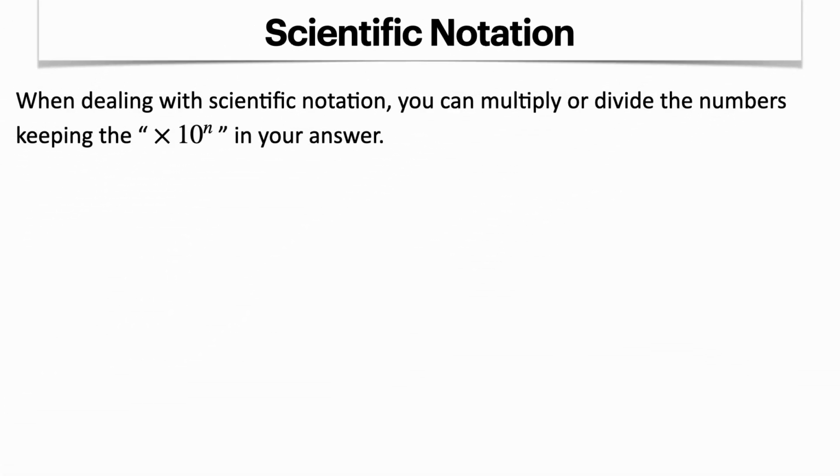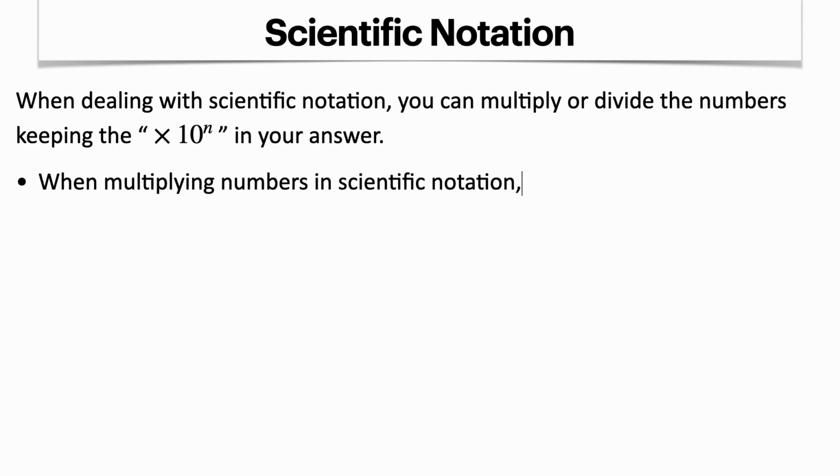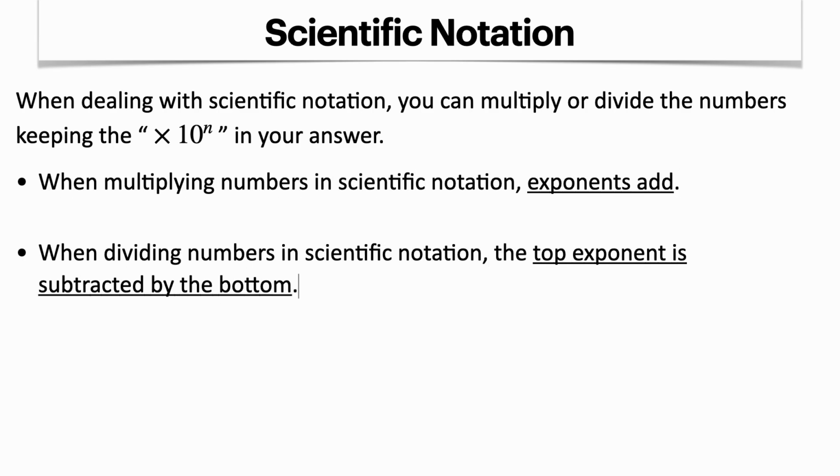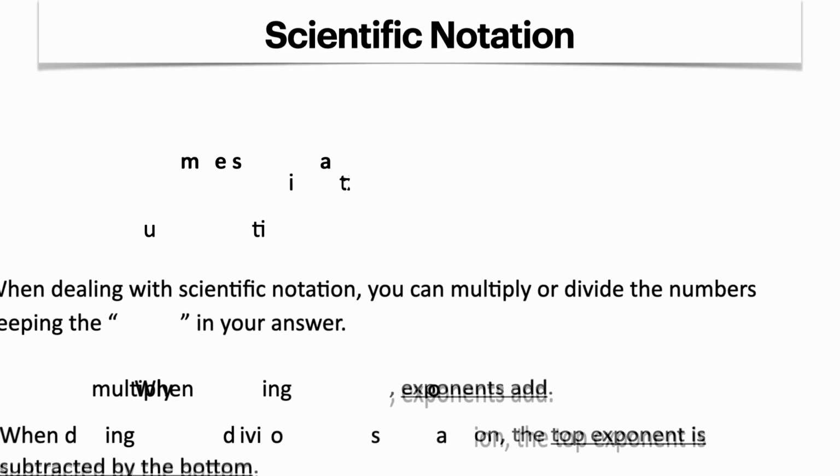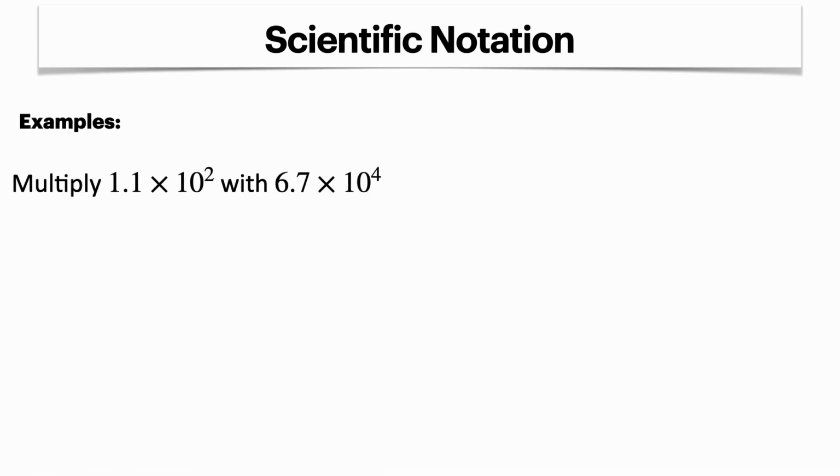Okay, some rules of calculating with scientific notation. When dealing with scientific notation, you can multiply or divide the numbers by keeping the times 10 to the n in your answer. When multiplying numbers in scientific notation, the exponents are added. When dividing, they're subtracted. Let's look at an example.